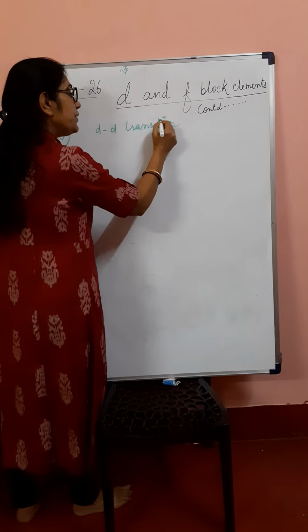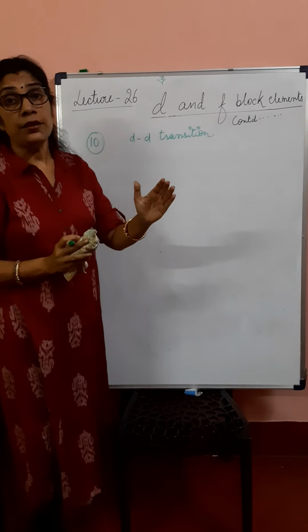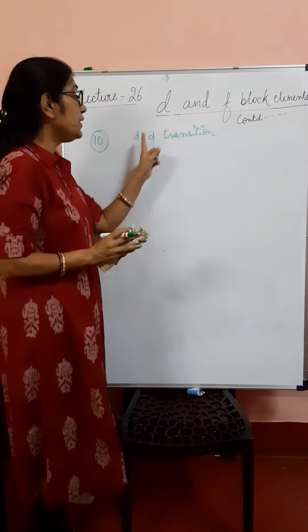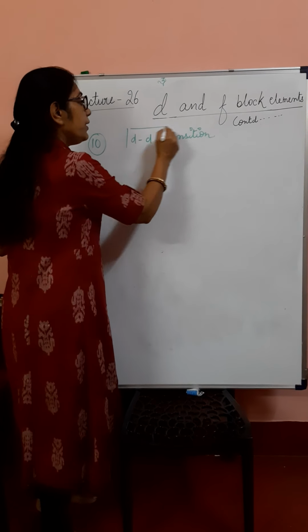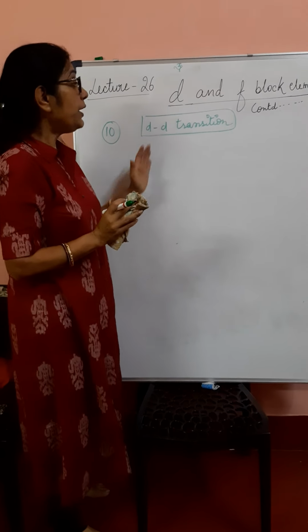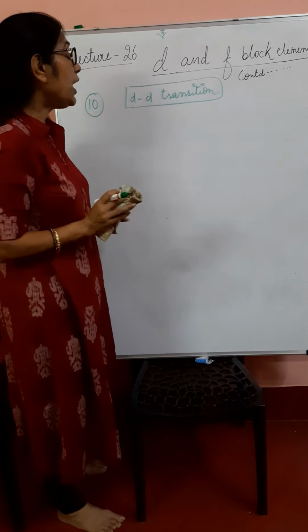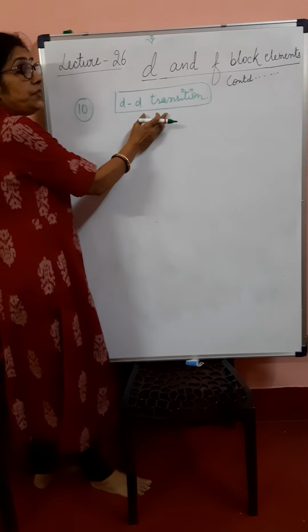So my dear students, whenever you explain the reason for their color, don't forget to write this term, and you underline it, or you put it in inverted commas wherever you have to represent the answer. d-d transition.